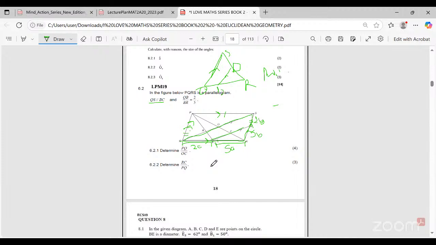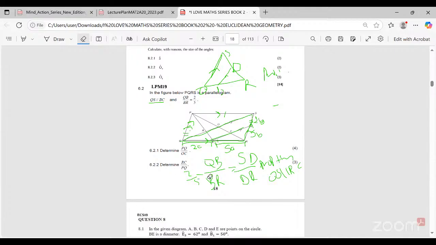Yes, on the paper, this is what you are going to write: QB over BR is equal to SD over DR. Then proportionality theorem, then you state your parallel lines. QS is parallel to BC. Then they will both be equal to 2 over 5.